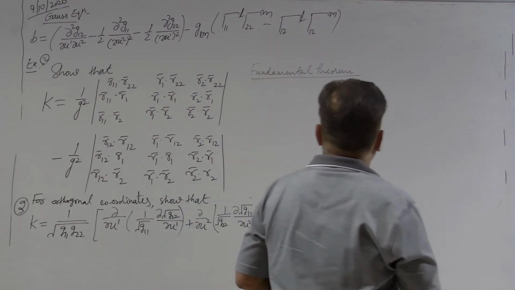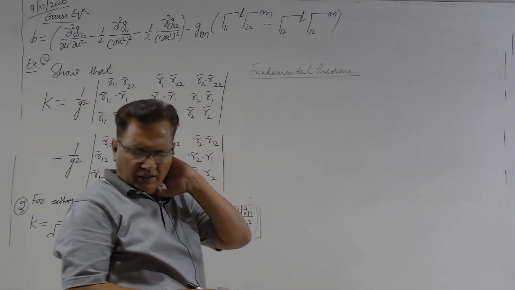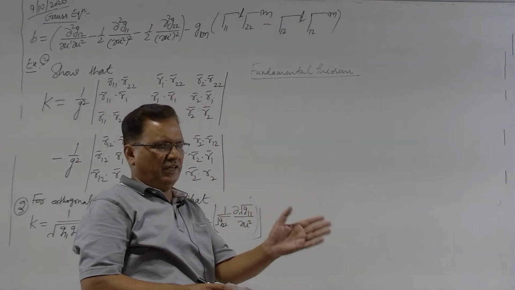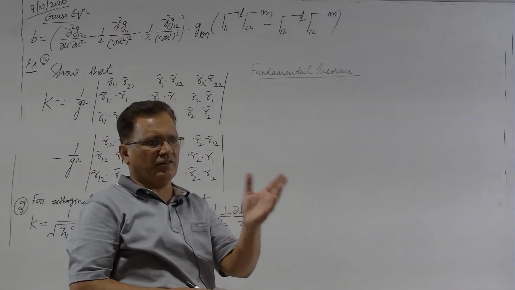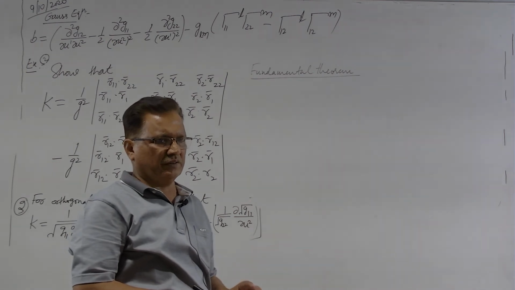If you are given functions, say Gij's and Bij's, how many functions? 3 Gij's, 3 Bij's, that means you are given 6 functions of 2 variables.